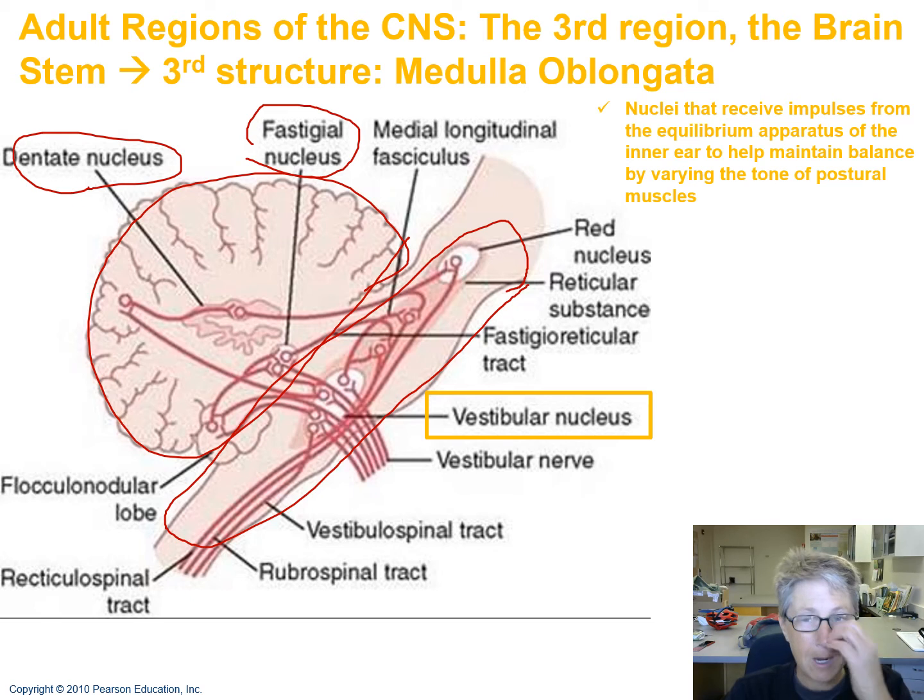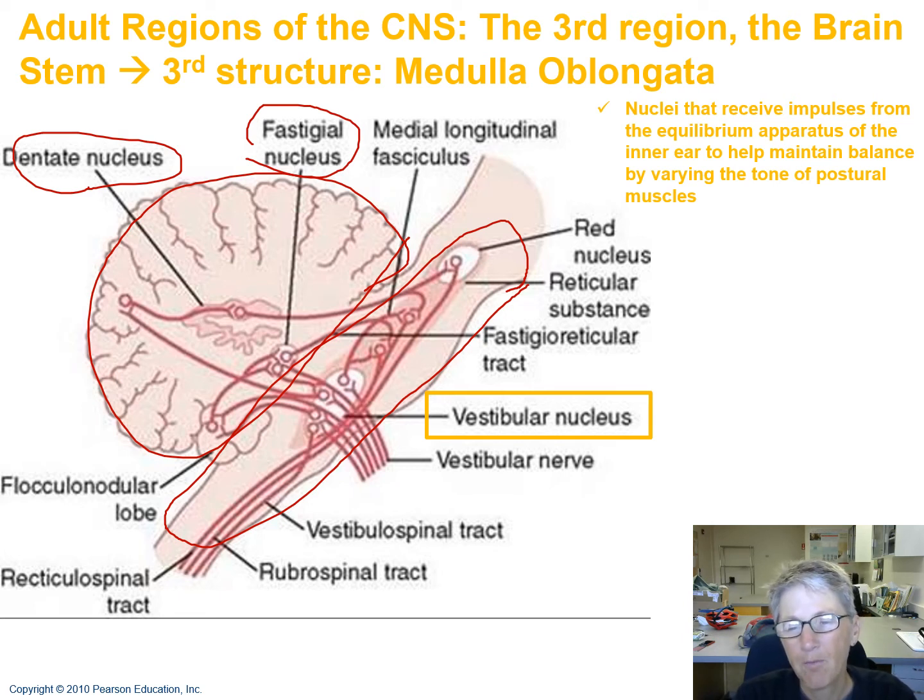Within your inner ear, there's an equilibrium apparatus, and that equilibrium apparatus helps you maintain balance by keeping your postural muscles toned. But that equilibrium apparatus in your inner ear will send information to nuclei in the brainstem, and then the brainstem will send that information to your cerebellum.